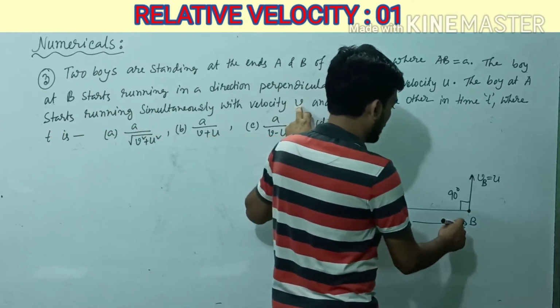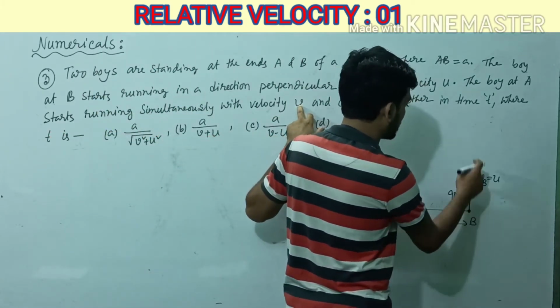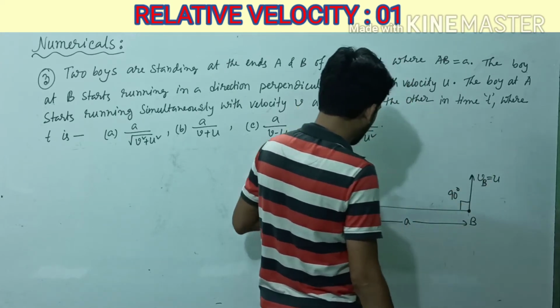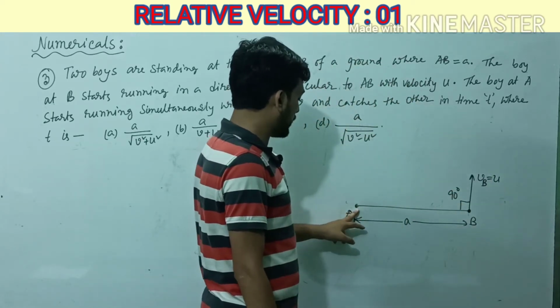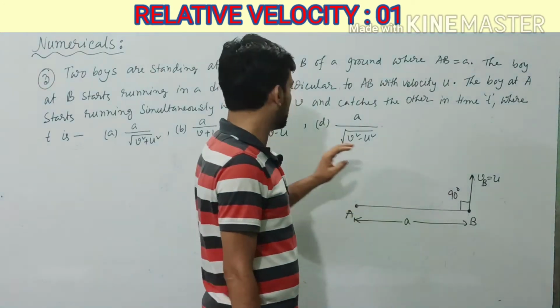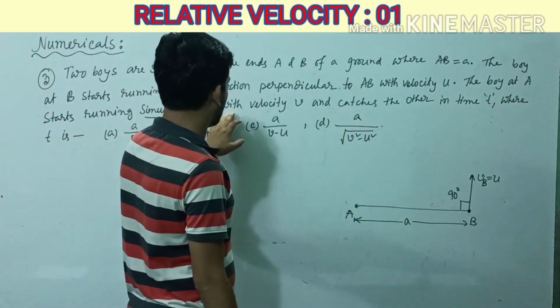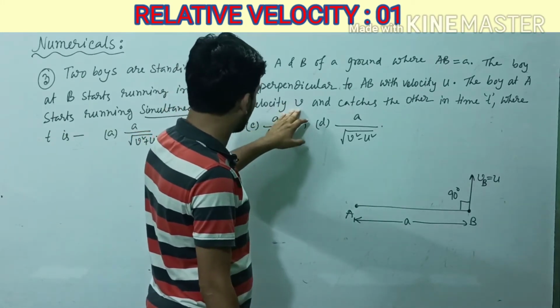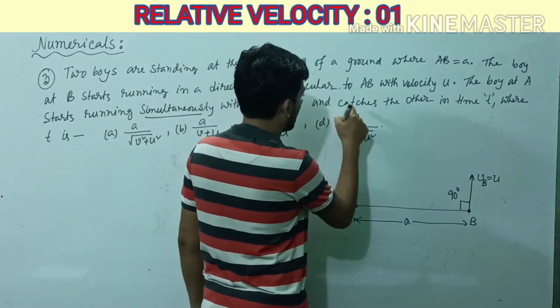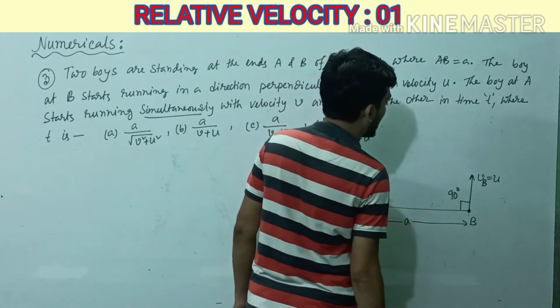That is, at the time when boy B starts its motion, boy A also starts his journey, because it is written simultaneously, and the velocity of boy A is v and catches the other in time t.